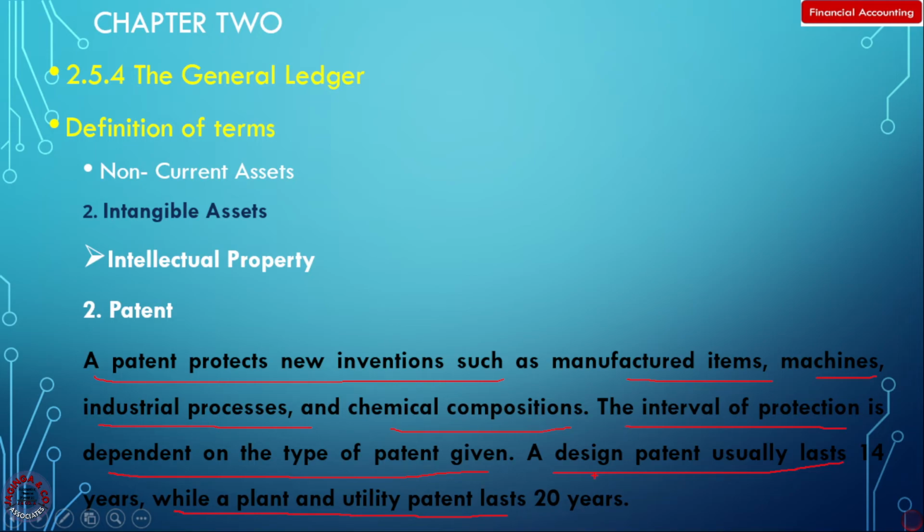But when you talk about a plant or utility patent, we are talking of a big plant, a huge plant of invention, and then this has to last for more than 20 years.